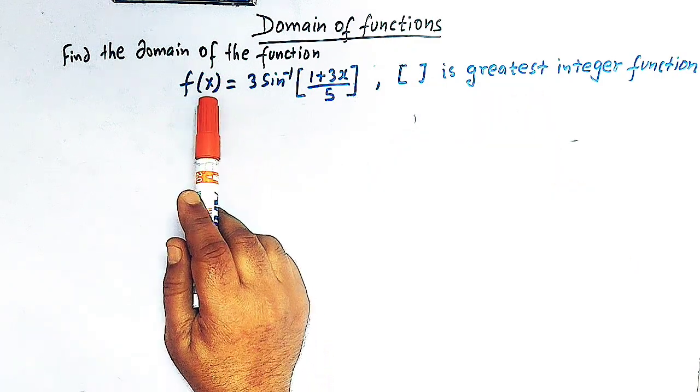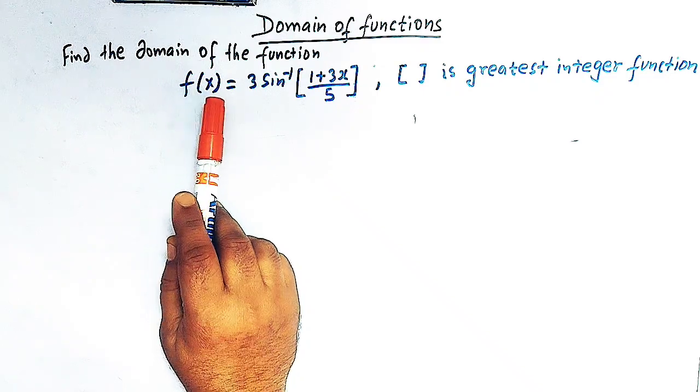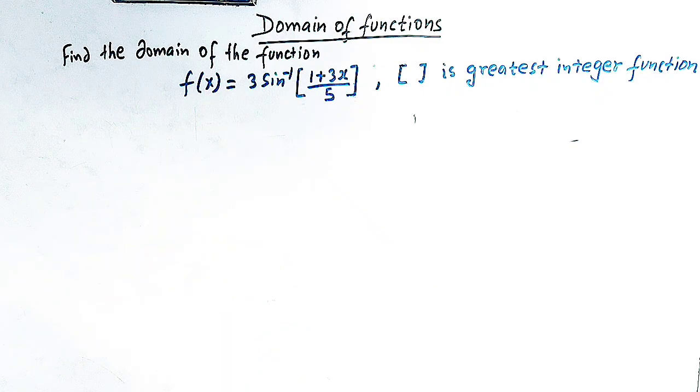So here we'll find out the domain of this function by using an important property of the greatest integer function. This problem is going to be an easy problem, and let us see how we can find the domain of this function using that property.